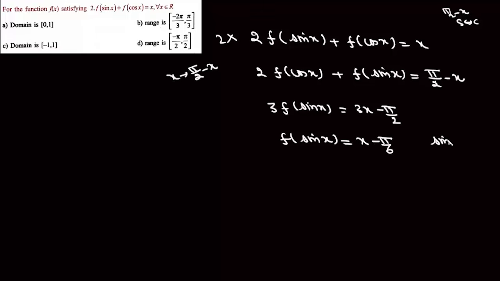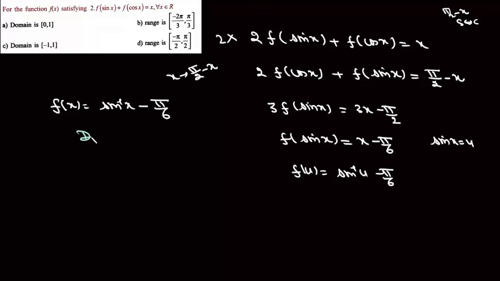Now if we take sin x as u, we can write f(u) is sin inverse u minus pi by 6, or the function f(x) is sin inverse x minus pi by 6. Now clearly, domain of this function will be from minus 1 to plus 1.